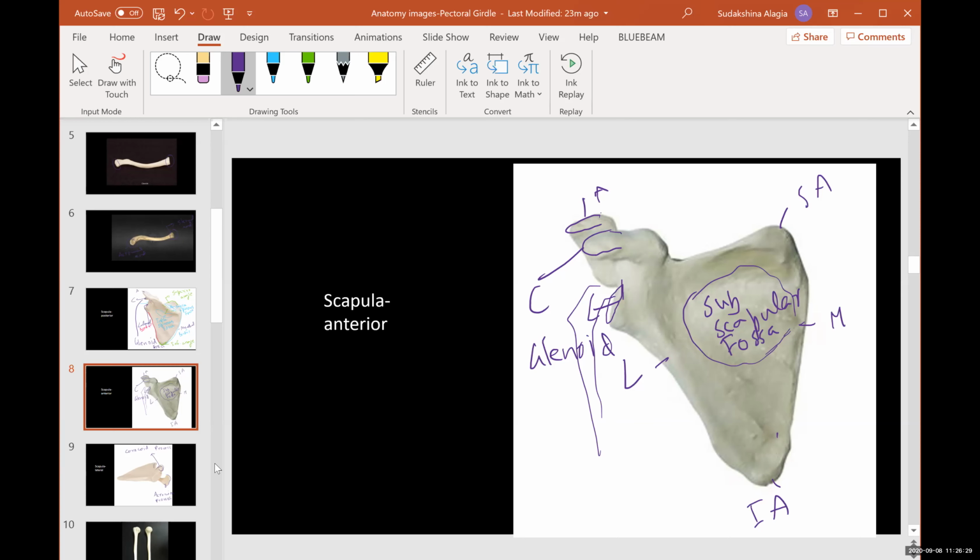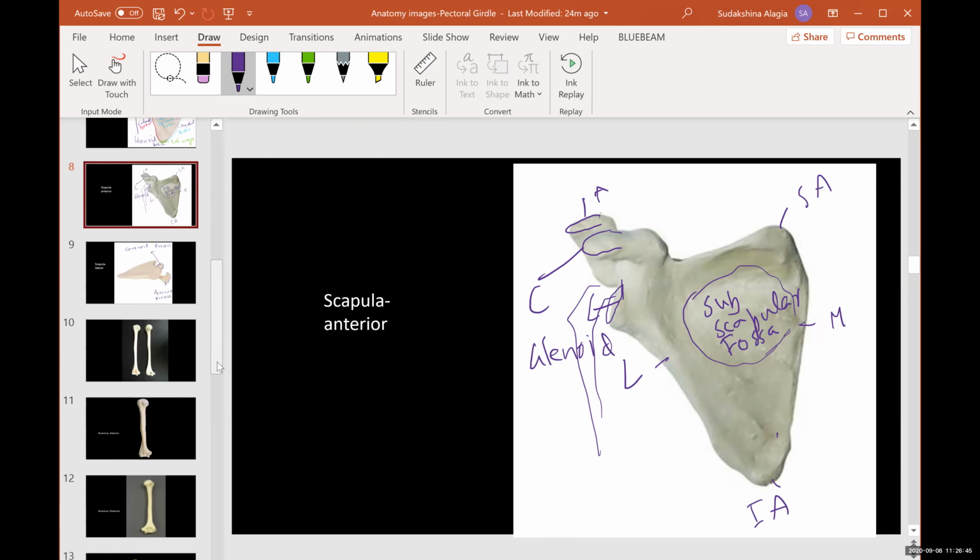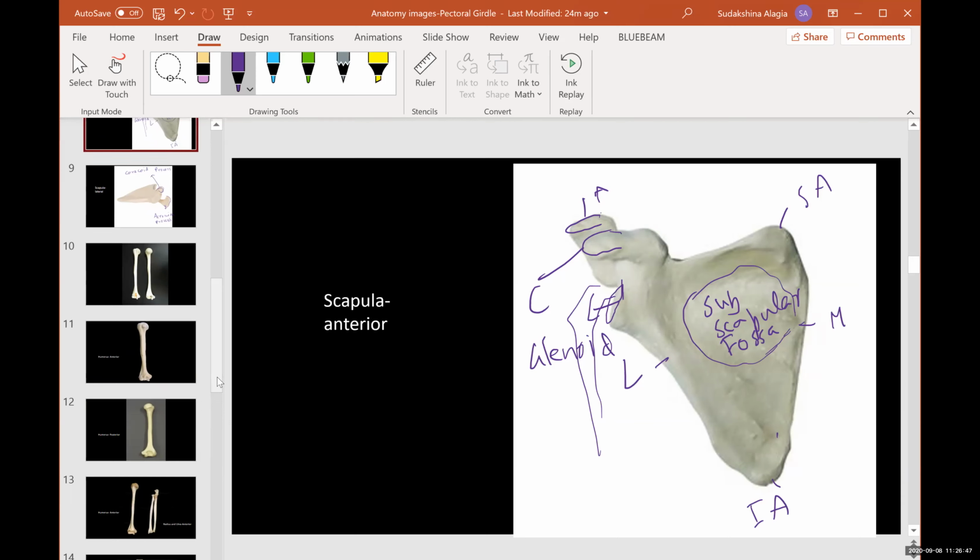I would prefer the way it's spelled in the manual and the terminologies in the manual. So I have glenoid fossa in the manual, and that's what we'll go by, glenoid fossa. Cavity used to be called glenoid cavity, but appropriately, it's not really an opening. Cavity is an opening. This is a fossa.